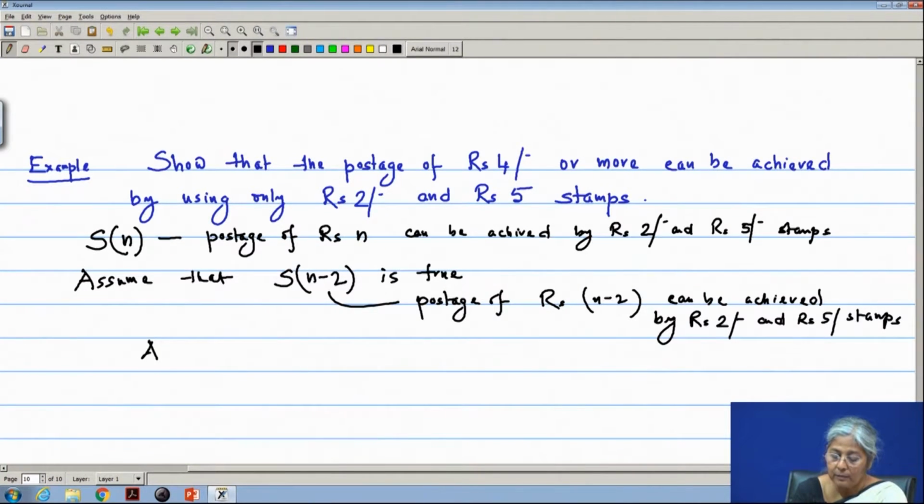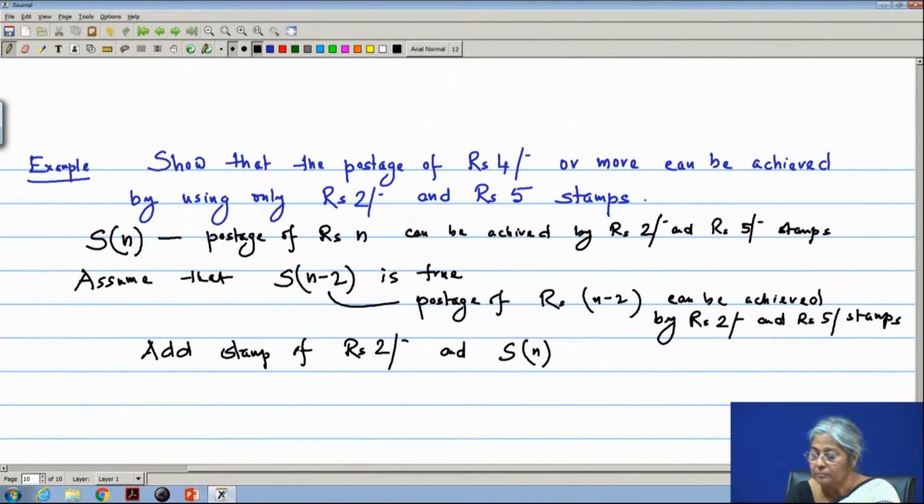So, we add a stamp of rupees 2 and we will get Sn, and Sn can be achieved, or Sn is true. So, this is our approach.